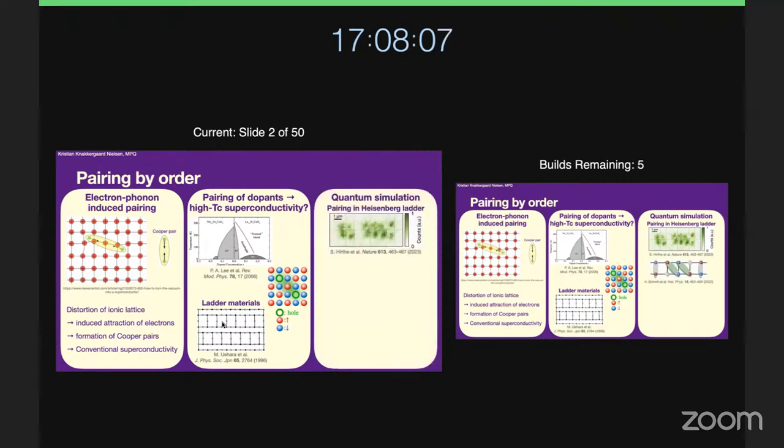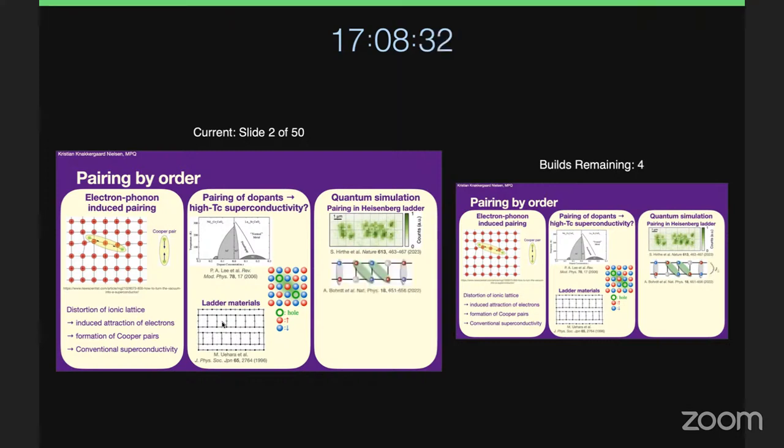On the quantum simulation side, which is more the direction that I'll be taking, there has been some very nice recent development where pairing in a Heisenberg ladder has been seen. This is an experiment from Bloch's group where they looked at how dopants, so holes in the system, pair up.